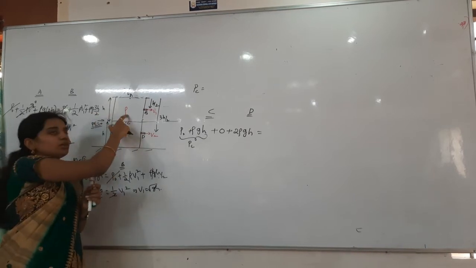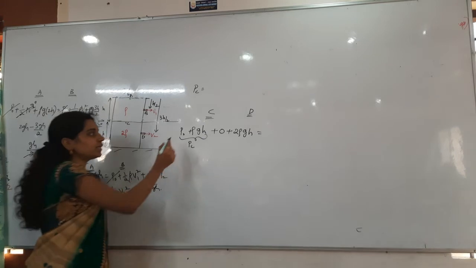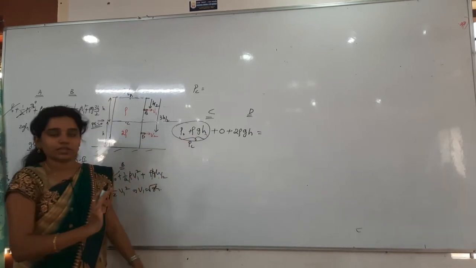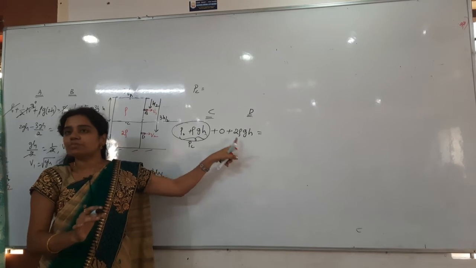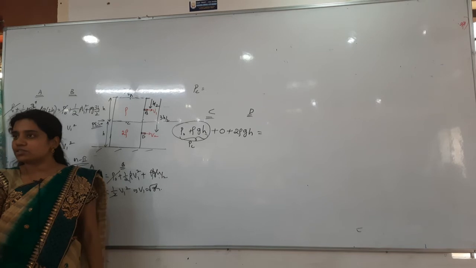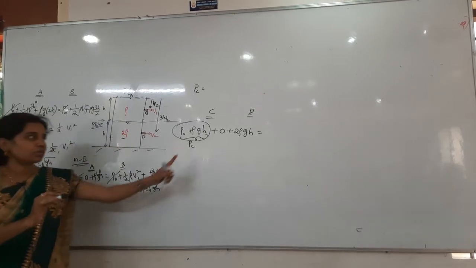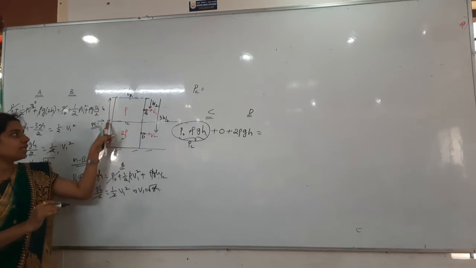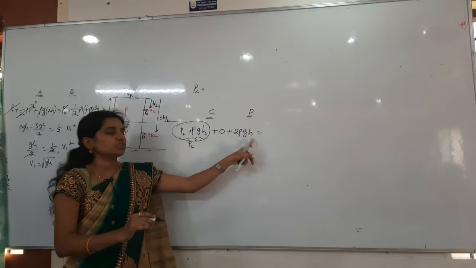Only rho density is there. That gives you the pressure here. This is entirely pressure only. Just remember that. And this one is potential energy per volume. The formula is rho G into H, but instead of rho, point C is in 2 rho liquid, at height H. So it is 2 rho GH.